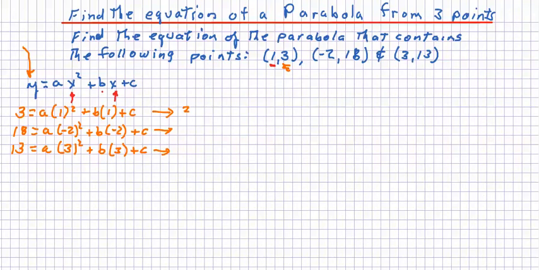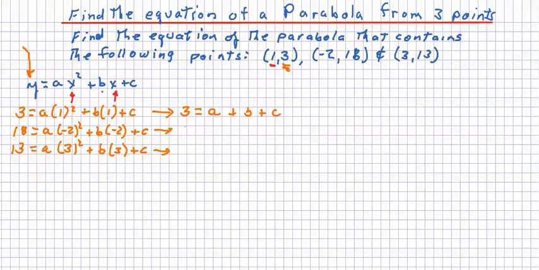So my first equation becomes 3 equals, and then I square 1, multiply it by a, I get 1 times a, or a. 1 times b is b, and I have c.